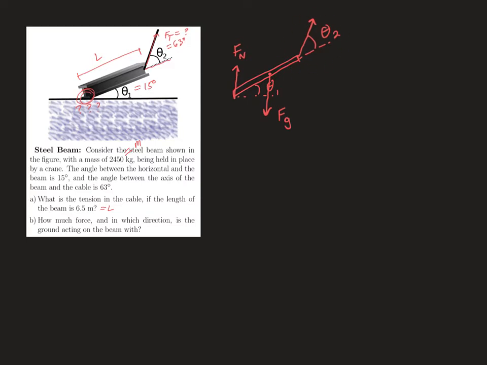Because it's not totally vertical, it's kind of to the right. So there's a component of the force to the right. So I'm going to go right ahead and just call that force friction. And I guess it's going to be static friction because I don't think the beam is moving in that way. Maybe I should be a little bit more careful and just call it FF, whatever. We know the ground is doing something to the beam because the beam is being held in static equilibrium.